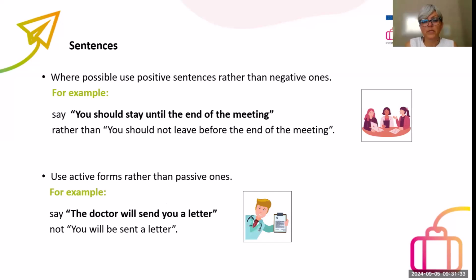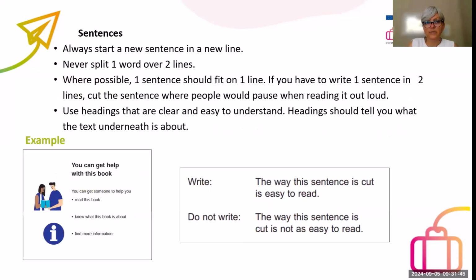So for example, it's better to say the doctor will send you a letter instead of you will be sent a letter. Active forms and positive forms are easier to understand. It is also important to start each new sentence in a new line, and never split a word into 2 lines.